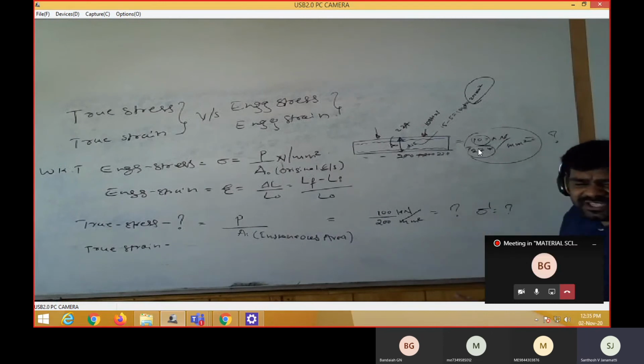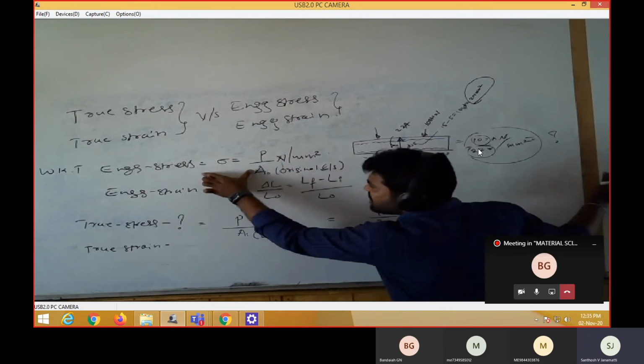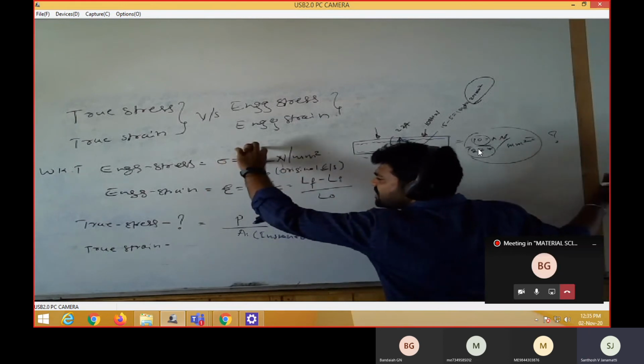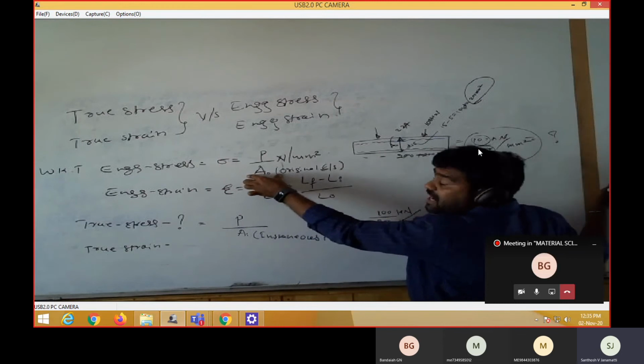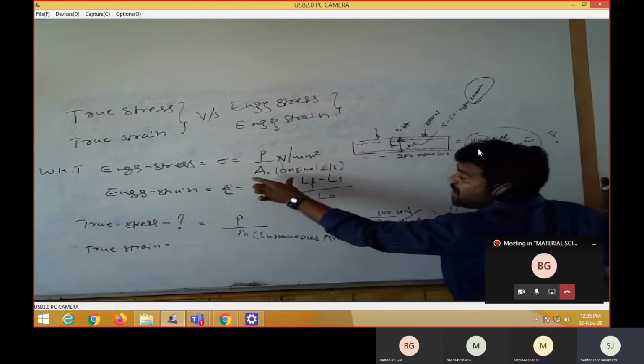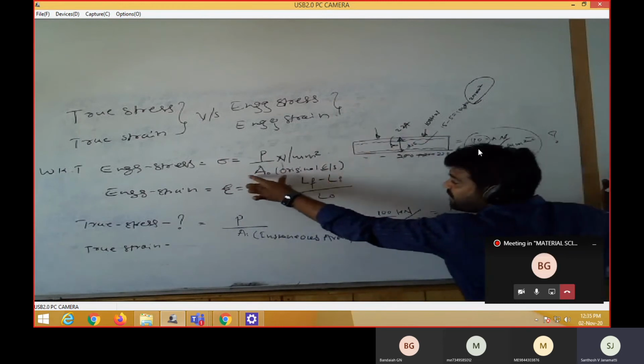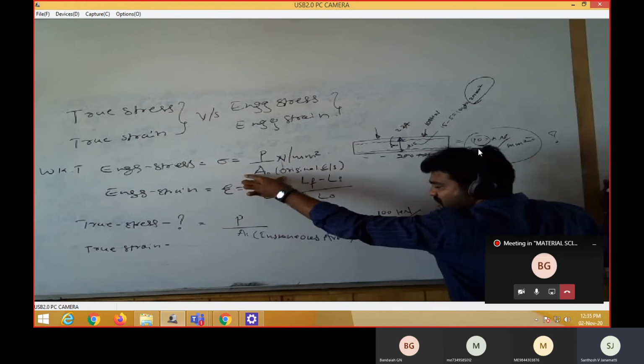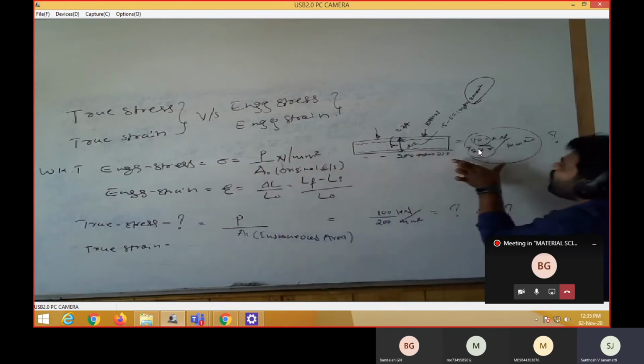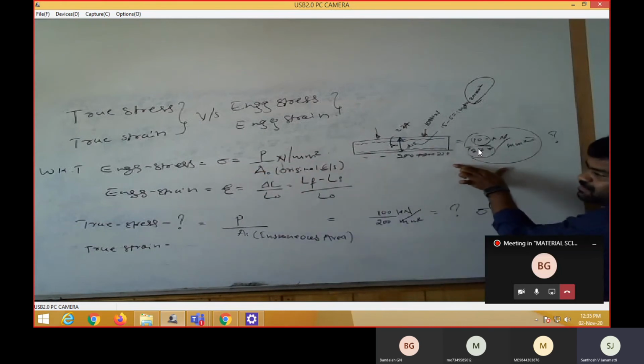If you don't want true stress and want engineering stress, the simple case, in engineering stress the applied load is as it is. The original cross-sectional area, how much it was initially, is what we take. We use only the original dimension of the sample, and that is engineering stress.